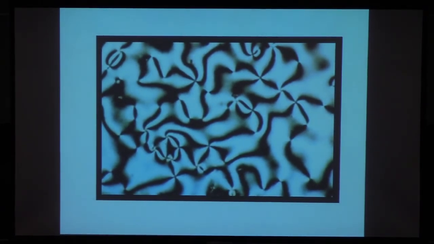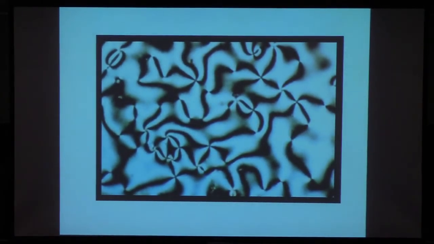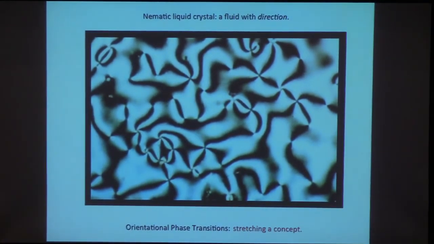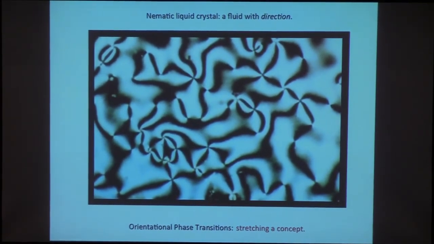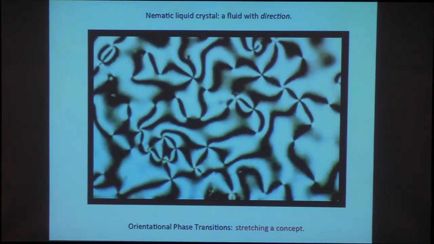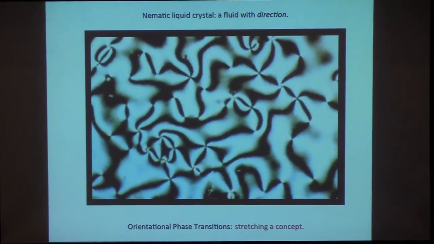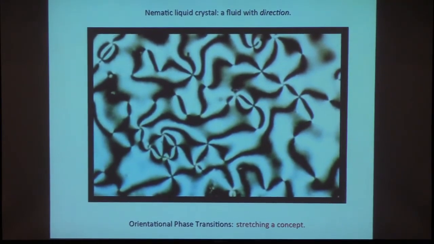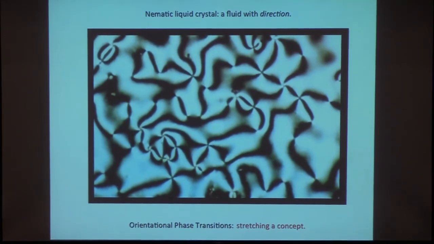It's a liquid crystal, a nematic liquid crystal. It is distinguished from ordinary liquids because it's a fluid with direction. This picture is taken between a polarizer and an analyzer.